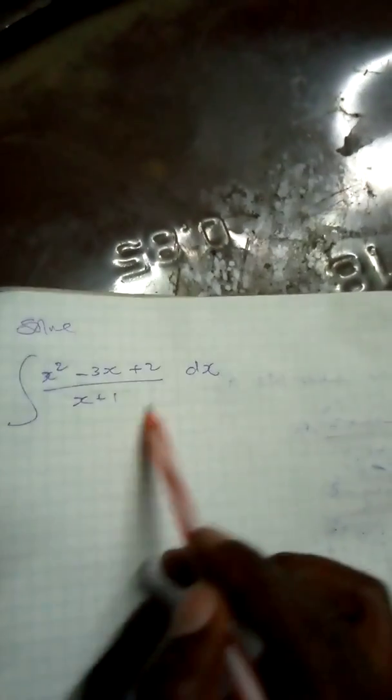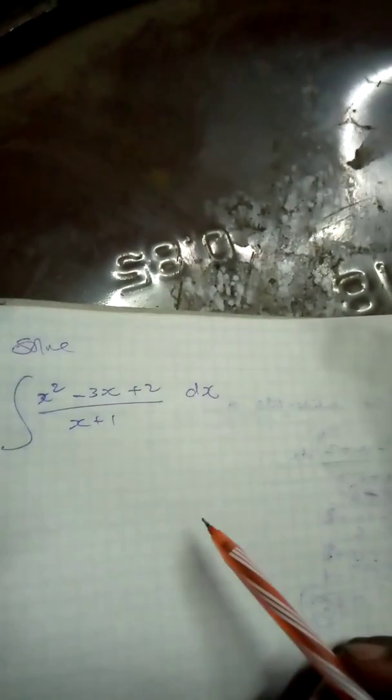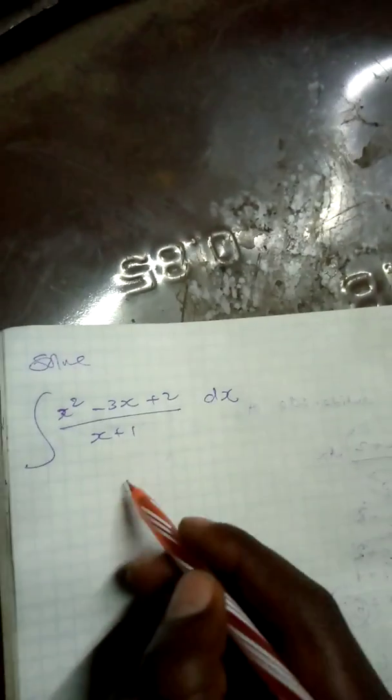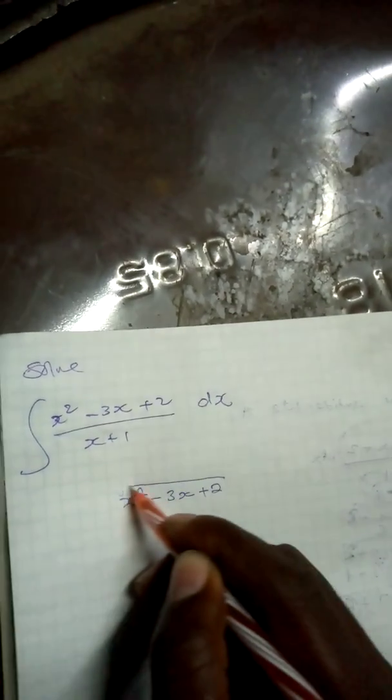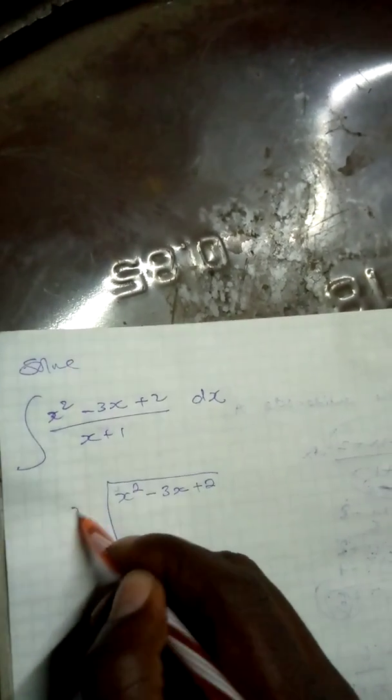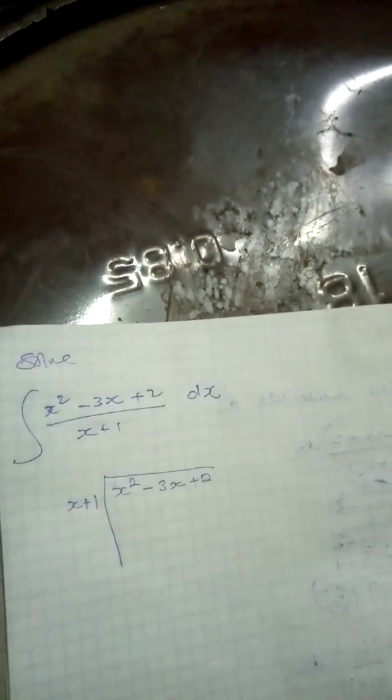So we can start. We can try to modify this expression so that we have a simpler one. That is, we are going to have x squared minus 3x plus 2. Remember, this is divided by x plus 1.